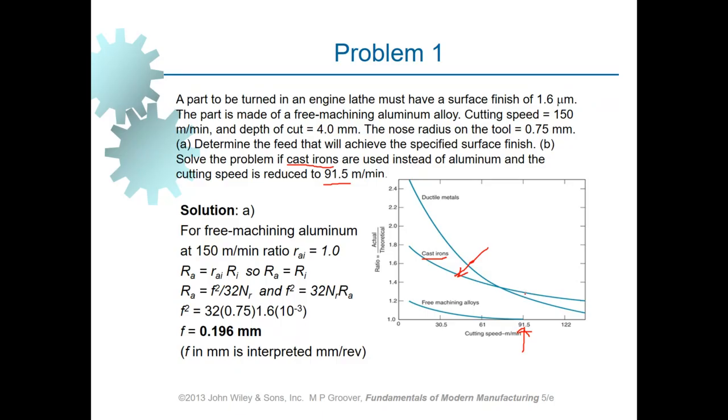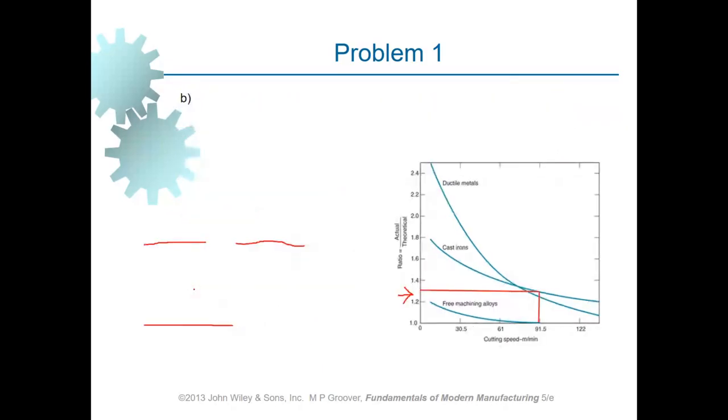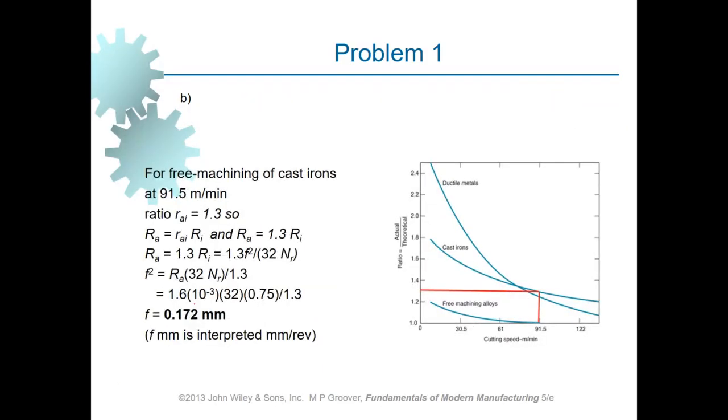So it comes to this point, the intersection, and then we've got to bring it to here, which comes to a ratio of 1.3. Now the ratio RAI is 1.3, which is relating RI to RA. So we need to do the problem again, and that's the way of doing it.